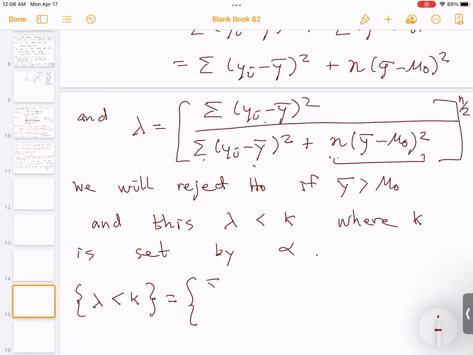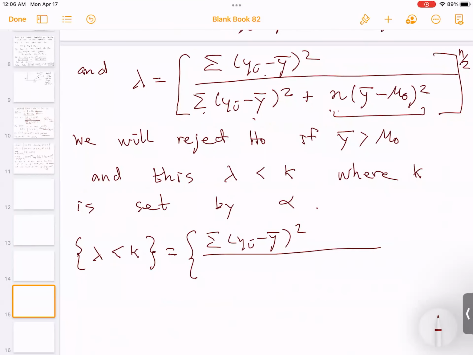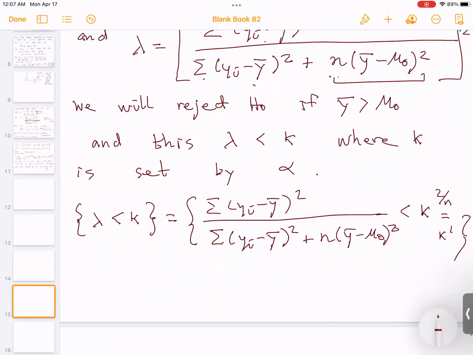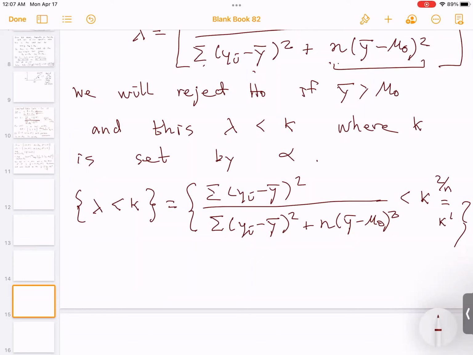We're just going to get another constant over there that we can later just set according to alpha. This has to be less than k to the 2 over n, which I can just call k prime now. So this is our rejection region.